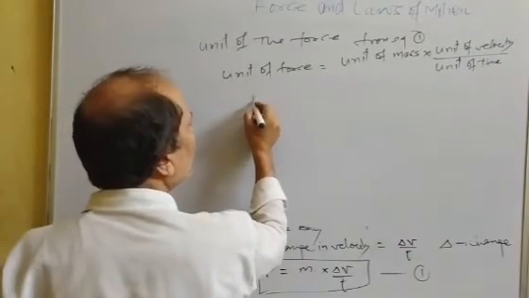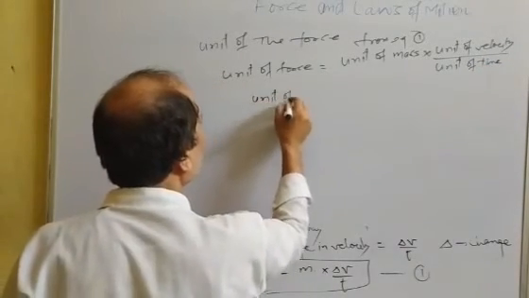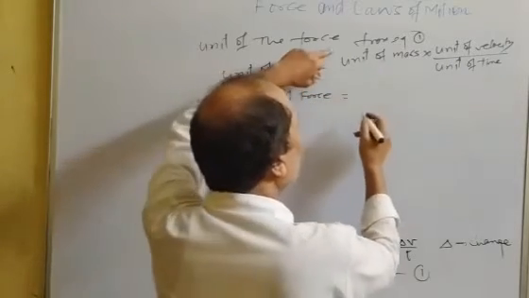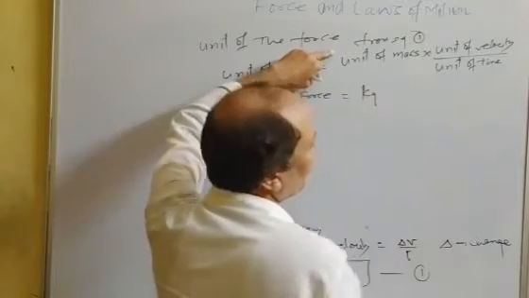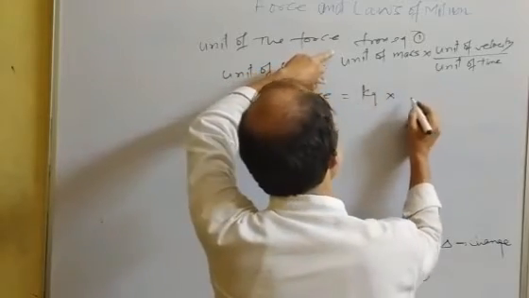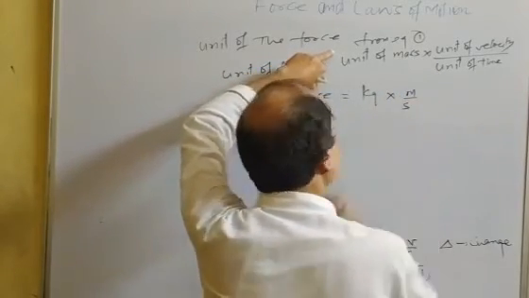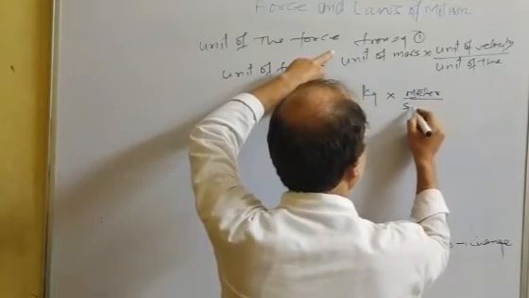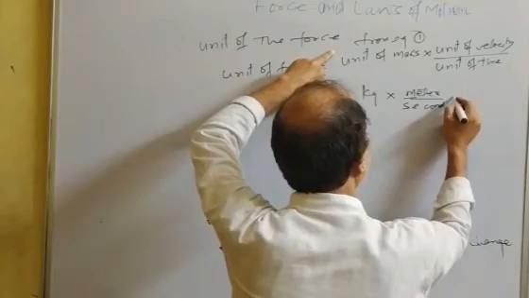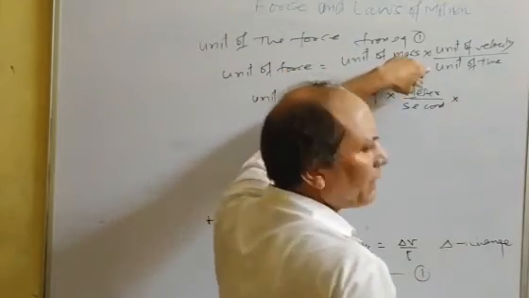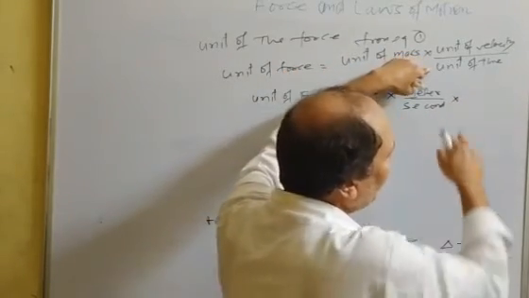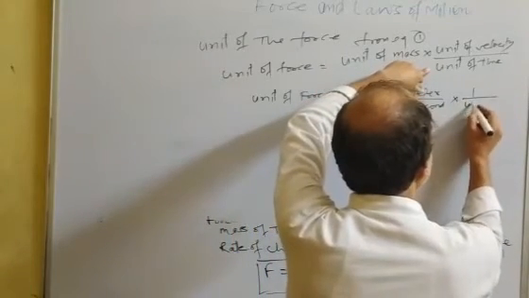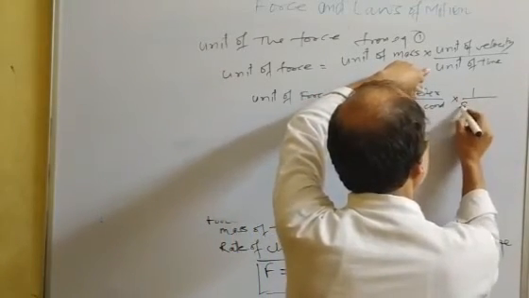So unit of force is equal to unit of mass, kg, into unit of velocity, meter per second, upon unit of time, second. Unit of time is written in the denominator.